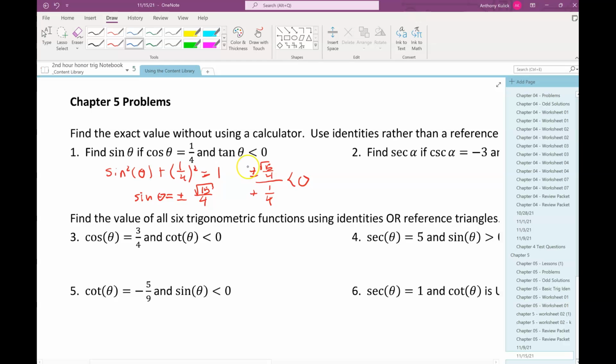Negative. Yep. So there's my answer. Is that okay with you? Yep. So my answer is negative root 15/4.